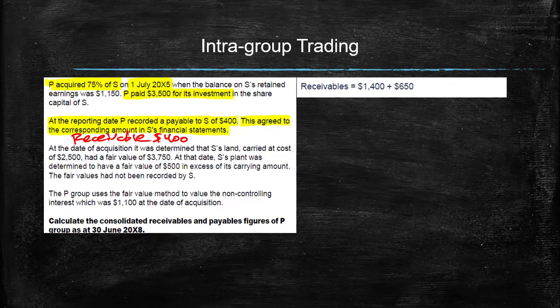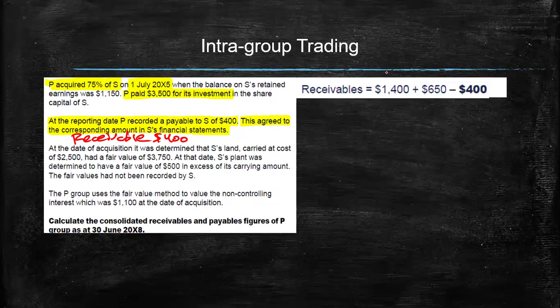And for these amounts, we have to make adjustments in the receivables and the payables amount. Basically, when we're adding the receivables, we have the receivables of the parent here of 1400 and the receivables of the subsidiary of 650.